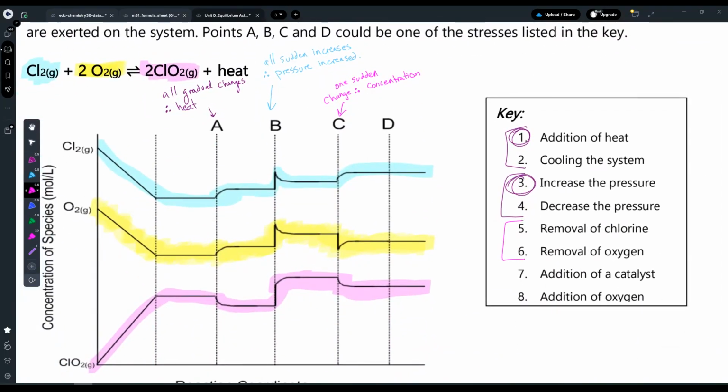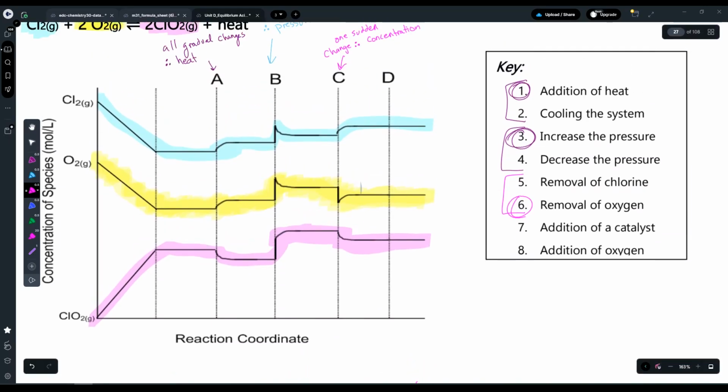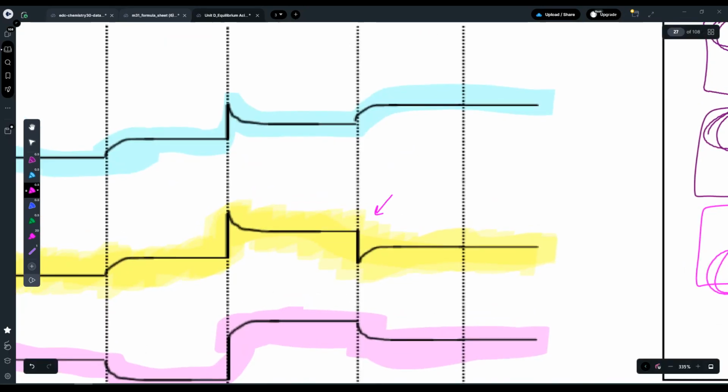So if we look at our options here regarding the concentration of chlorine or oxygen, okay, so oxygen is the one that suddenly goes down, so that means that the scientists had to somehow remove oxygen from this system here. So that's going to be 6. So oxygen decreases.